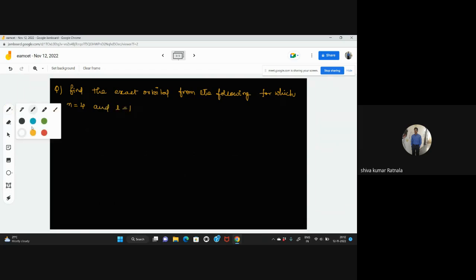Question is: find the exact orbital from the following for which n equal to 4 and L equal to 1. Which orbital will it represent?